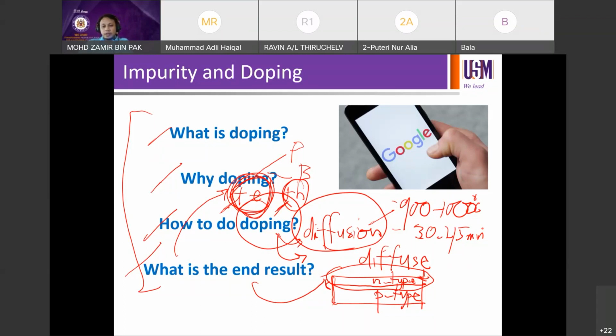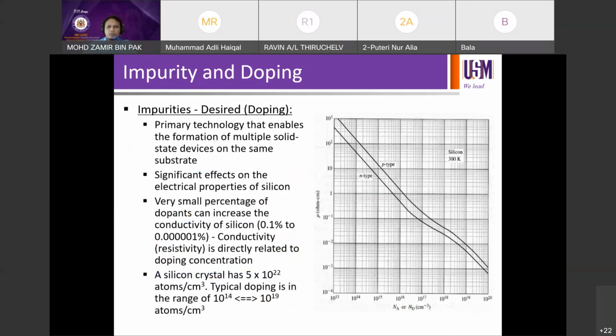Because incorporating boron and phosphorus, we will learn later, will somehow affect the lattice condition, depending on the mechanism of incorporation. We're going to look into that later on. Okay. So altering conductivity, altering the majority electrons and holes in the device, and then you can alter your PN junction as well. So let's have a look at this.